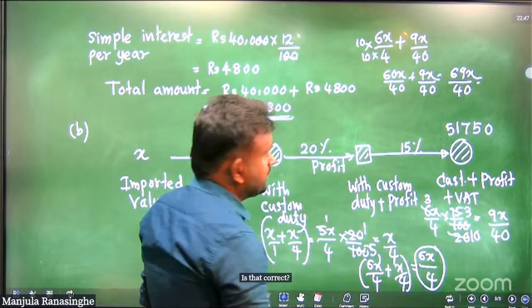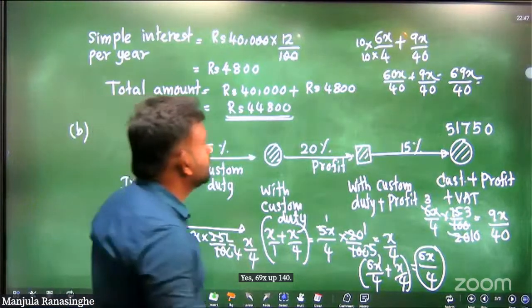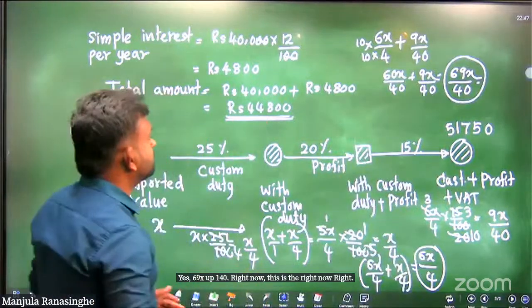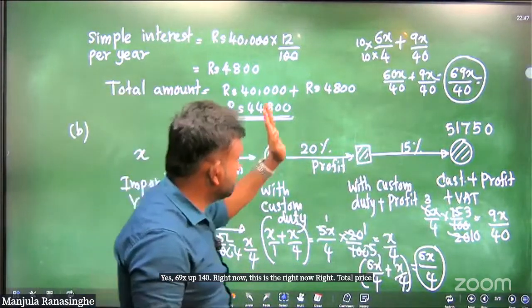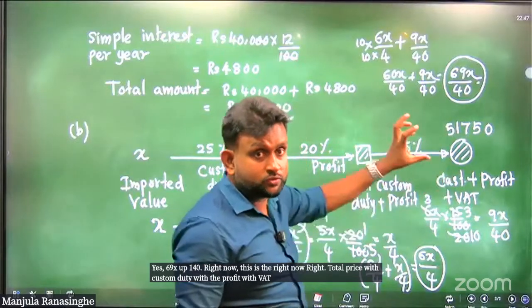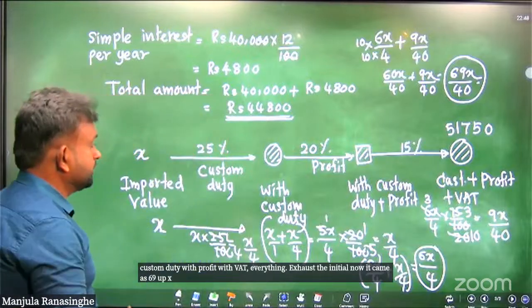Yes, 69x upon 40. Right, now this is the right total price with custom duty, with profit, with VAT, everything. X was the initial, now it came as 69x upon 40.